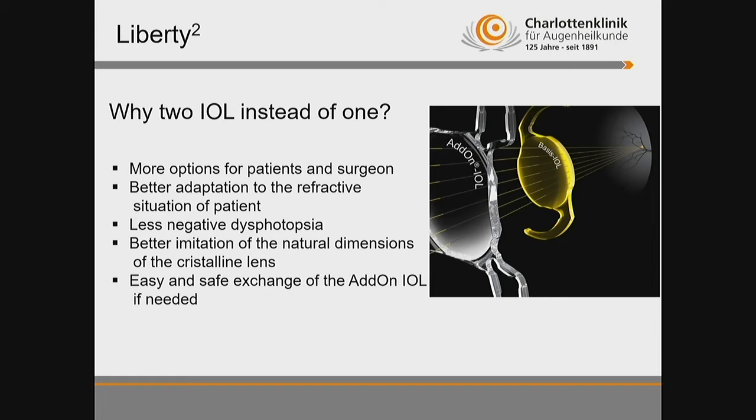You can combine 2 lens systems inside the eye. Let's make an example. We had patients with stable keratoconus, which had a very stable refractive error. So we used not a multifocal add-on, but a toric add-on to correct the astigmatic error.